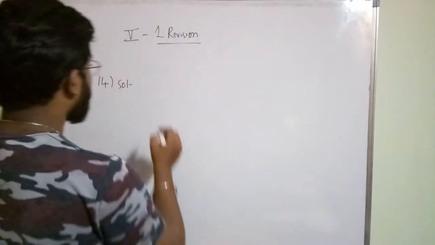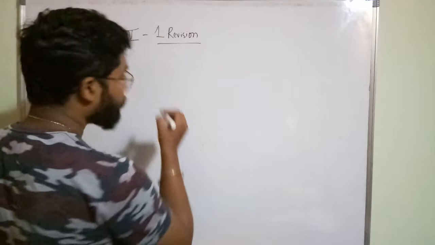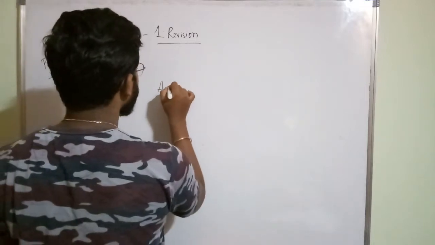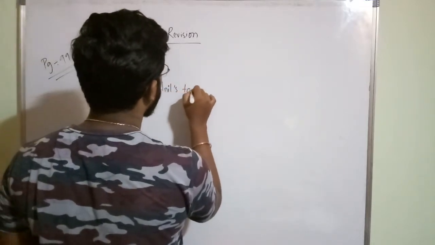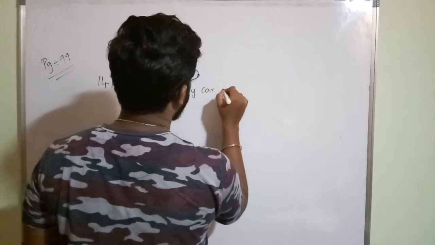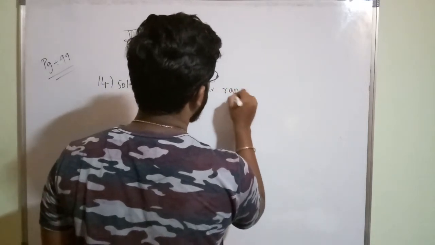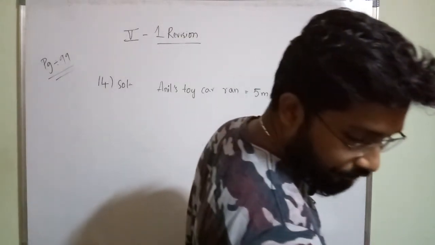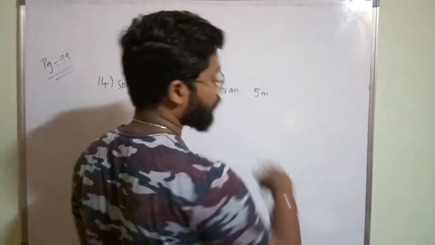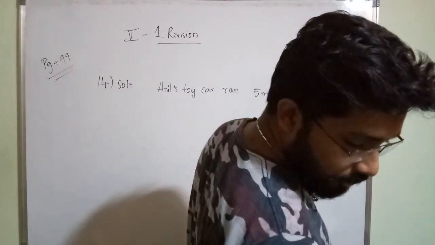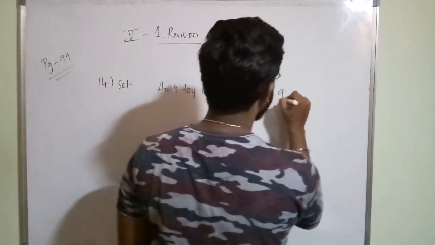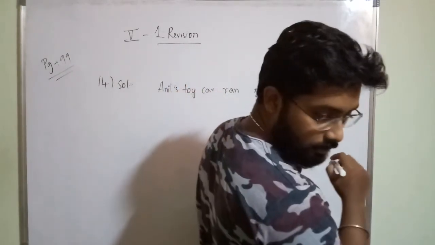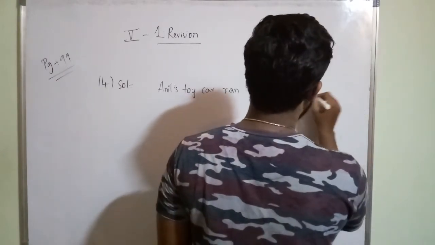Anil's toy car ran how much? 5 meters, 9 decimeters and 5 centimeters.